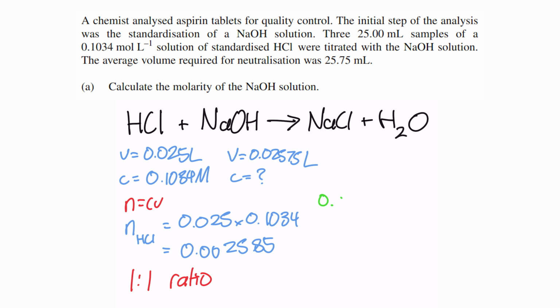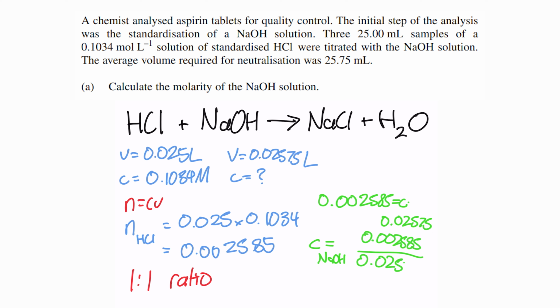So n equals 0.002585, which equals concentration times the volume, which is 0.02575. Our concentration of our NaOH will therefore be equal to 0.002585 over 0.02575. Therefore, it's equal to 0.1004 moles per liter, to 4 significant figures.